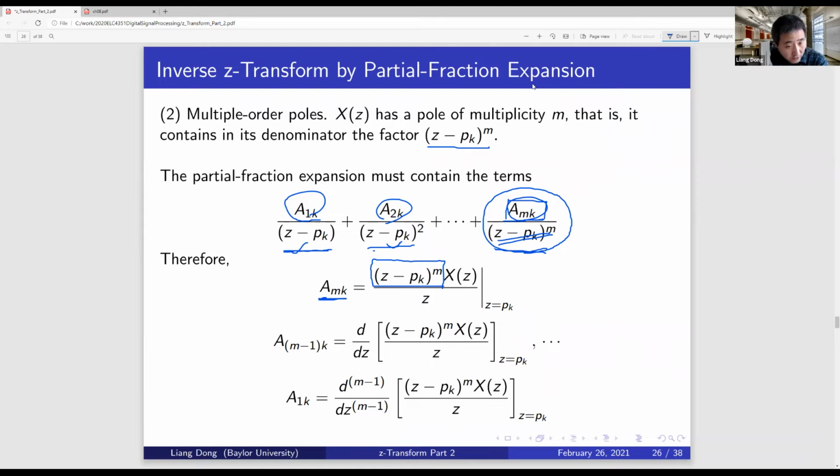Now about the other coefficients, what we do is we take this guy and differentiate it with respect to z. So d of this guy over dz. Now evaluate on the same z equal to p sub k, on the pole. If you do that, when you take the derivative, you put a z subtract p sub k to the m minus 1 here, right?